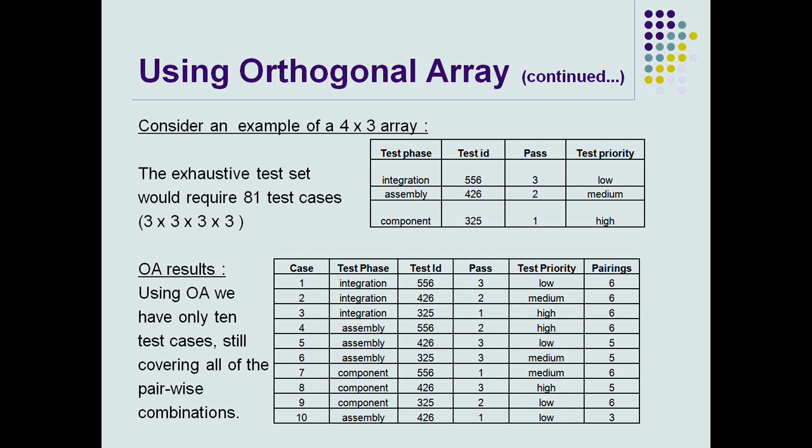Consider this example in which we have a 4x3 array. That is, we have 4 factors with 3 levels each. In order to test this exhaustively, we need at least 81 combinations or 81 test cases. That would be 3 into 3 into 3 into 3. So this will be 4 times 3.